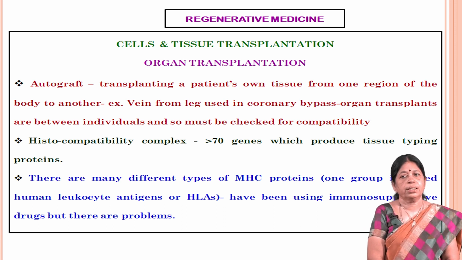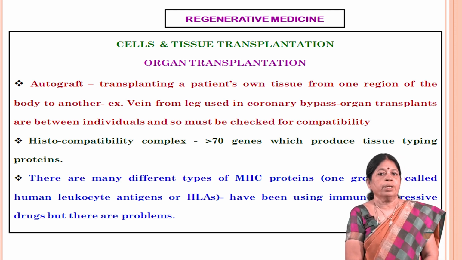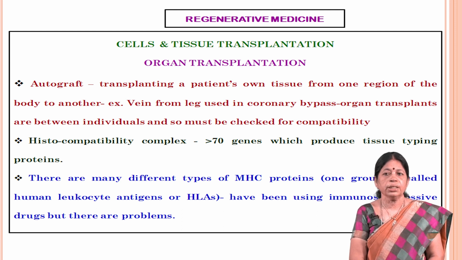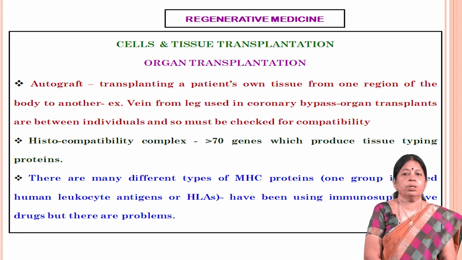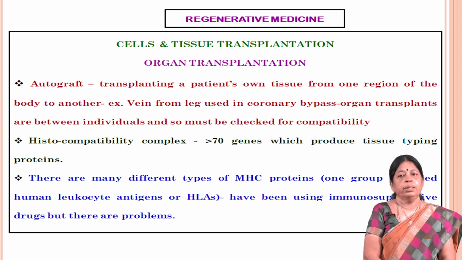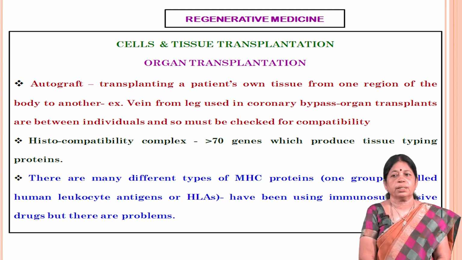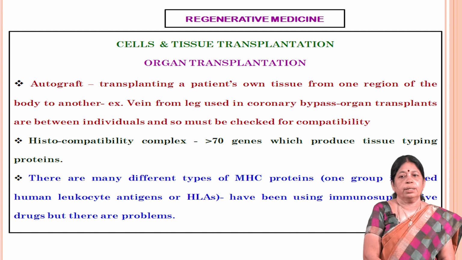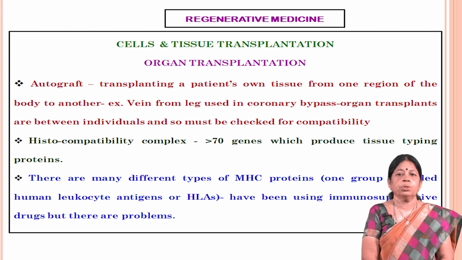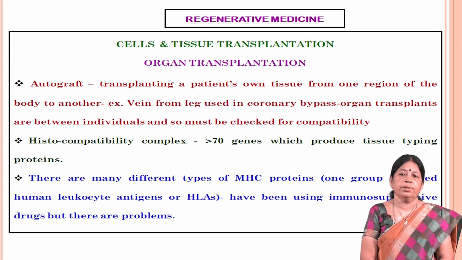Then the histocompatibility complex, that is 70 genes which produce tissue typing proteins, and there are many different types of MHCs. They are proteins, one group called the human leukocyte antigens. So HLA, human leukocyte antigens, they have been using immunosuppressive drugs, but there are some problems. So what is a leukocyte? This is nothing but the white blood cell. Leukocytes are very important for our body.